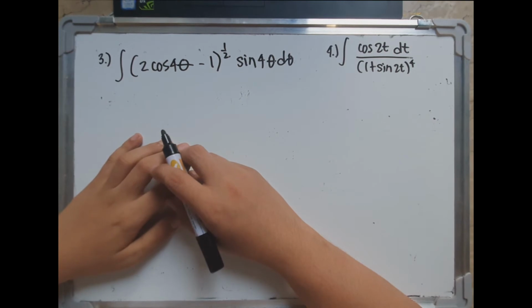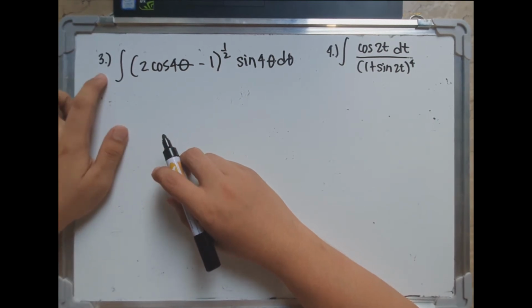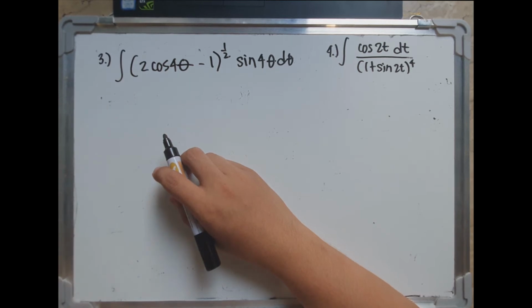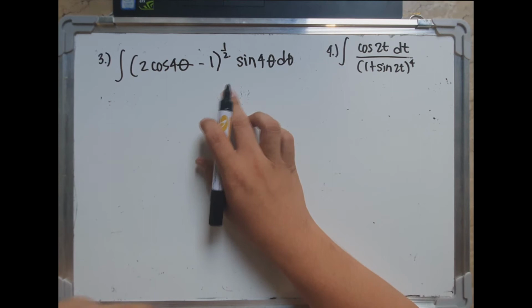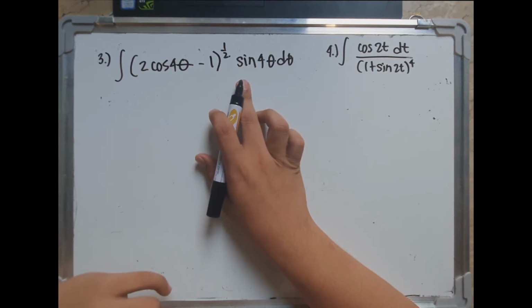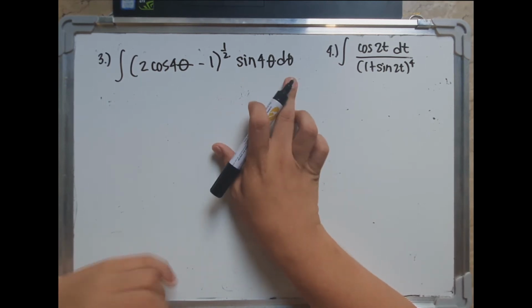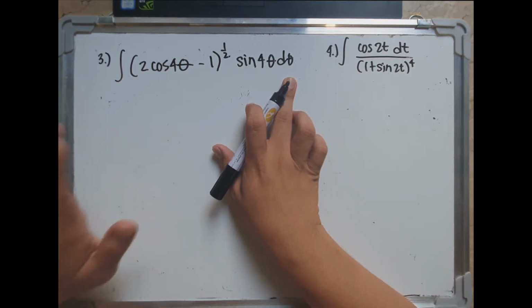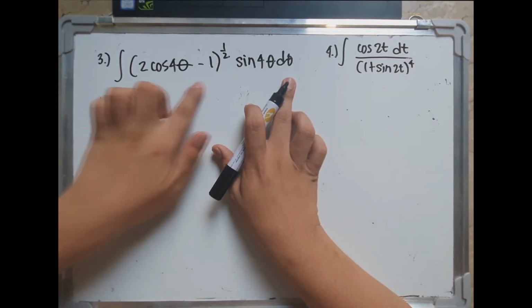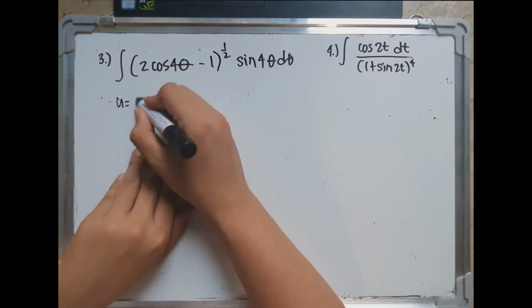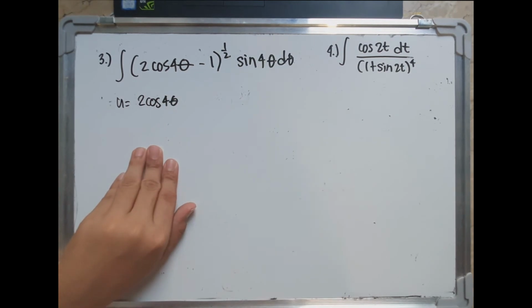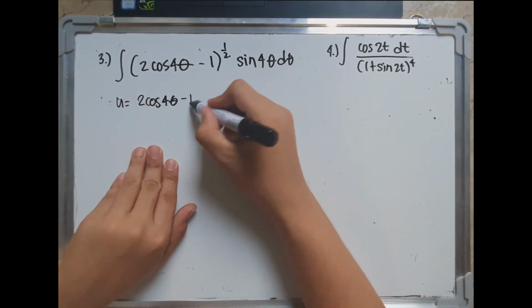Now let's proceed. We have example number 3. The integral of the quantity 2 cos 4 theta minus 1, quantity raised to the power of 1/2, and we have sine 4 theta d theta. Now we'll be choosing this one as our u. So the u will be 2 cosine 4 theta minus 1.